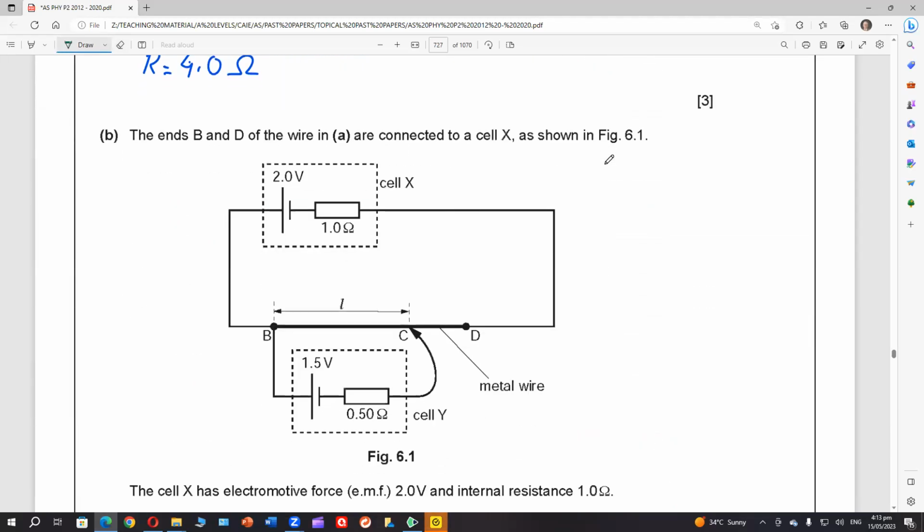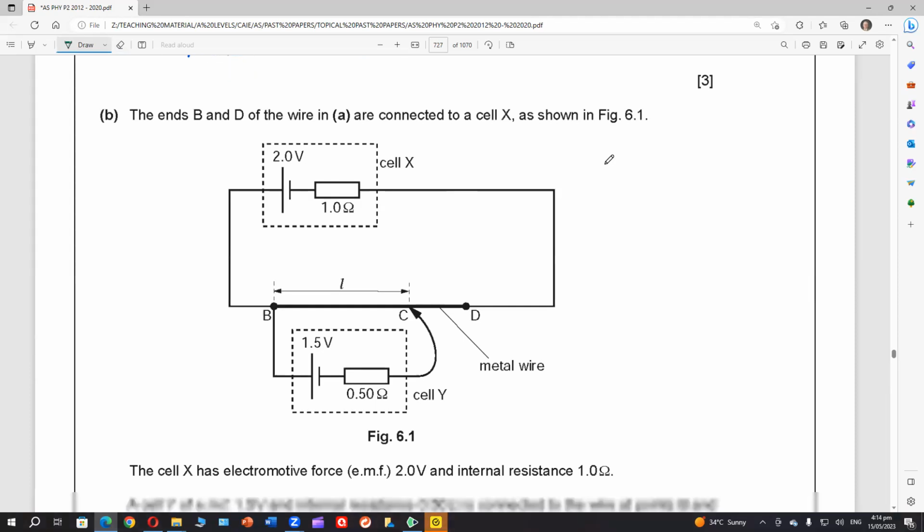The total resistance, the internal is 1 and the external is 5.